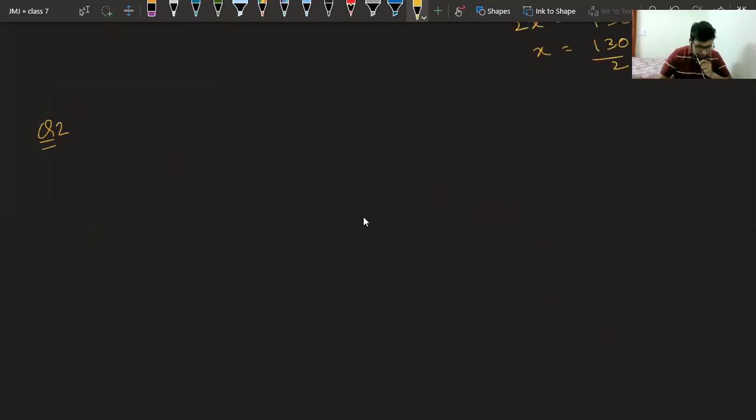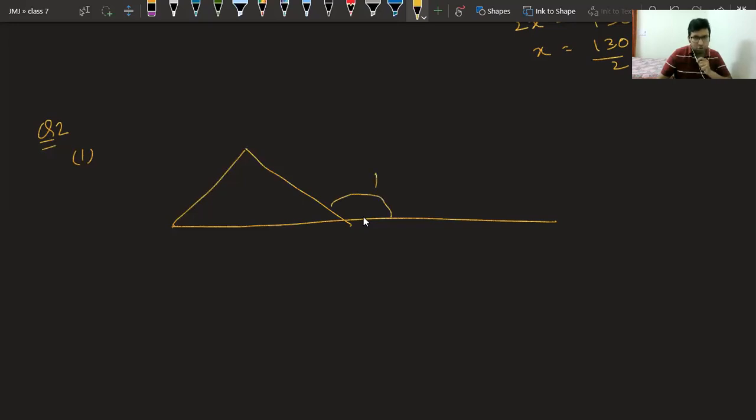Question number 2, let me take the first part. Class, in the first part, what do we have? We have an exterior angle 120 degree. We have x, we have y, and we have 50 degree. Can you tell me what is the relation between angle y and 120 degree?